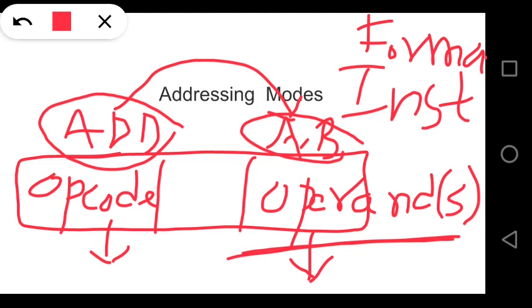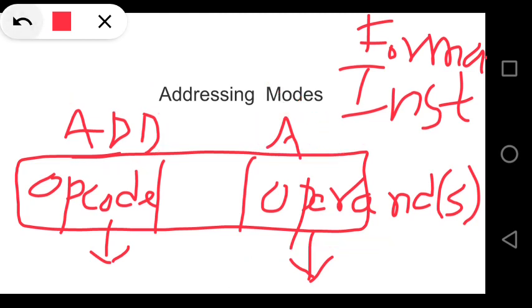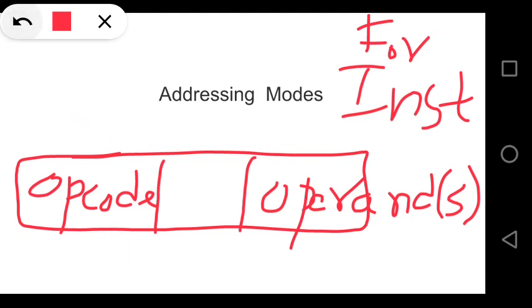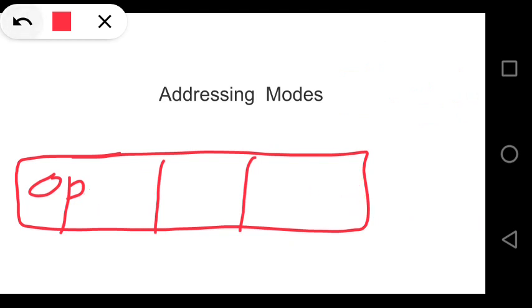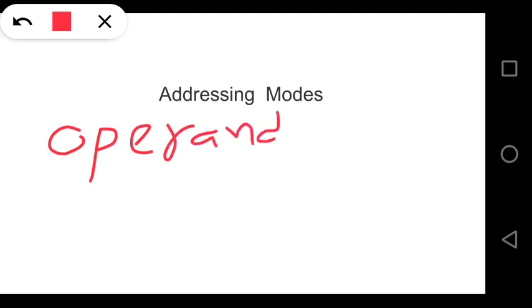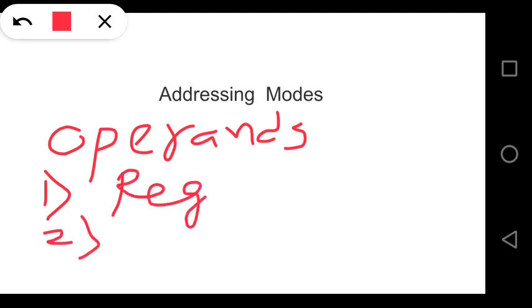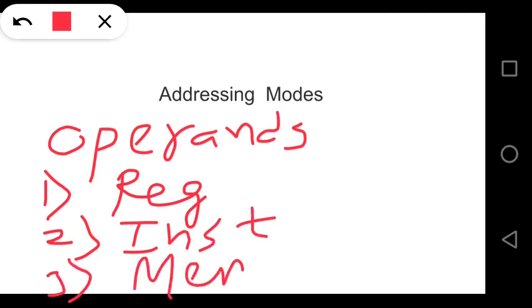So the different possibilities are, it can be in the register, or it can be within the instruction itself, or it can be in the memory at a particular memory location.